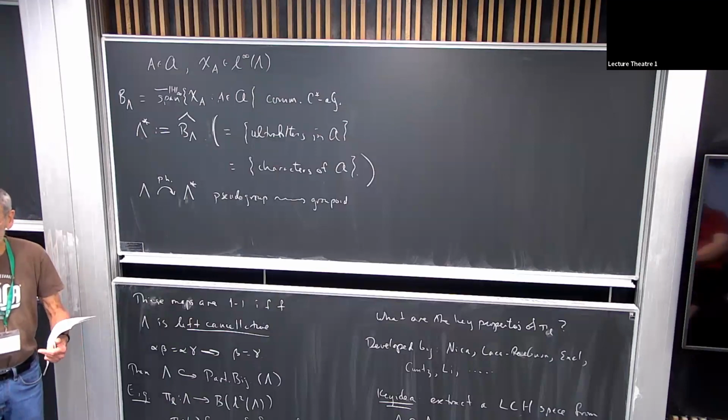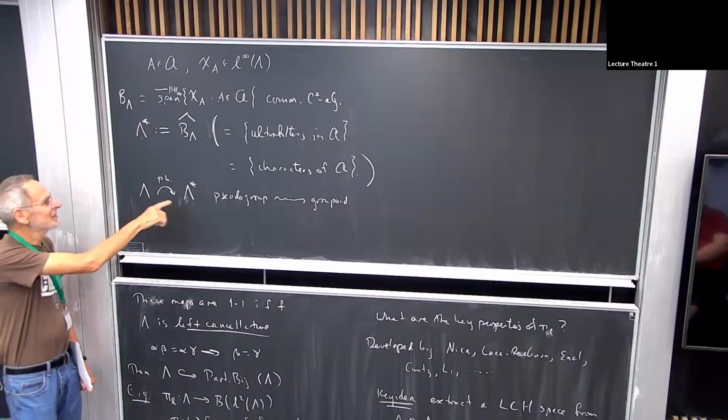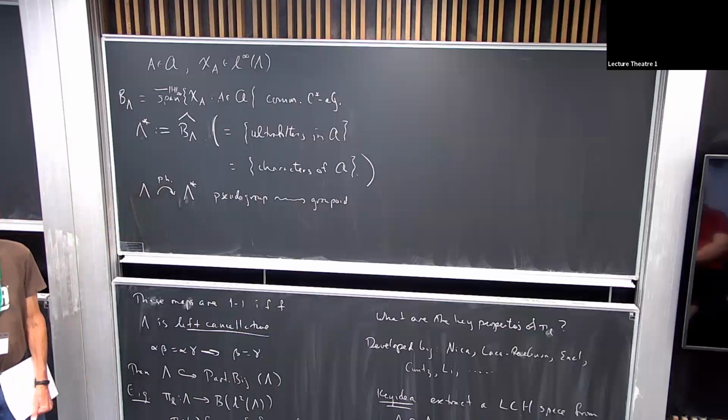So maybe I have a different sense of what a pseudo group is. There's the notion written up in Arzumanian and Renault's paper on pseudo groups and groupoids. Is this the same as looking at the image of lambda in the inverse semigroup of partial bijections, or partial homeomorphisms, on the space?